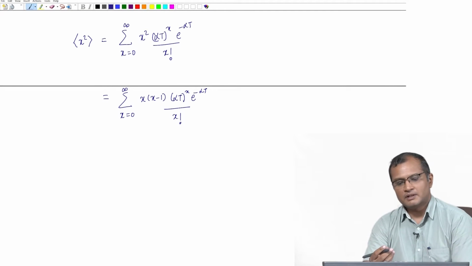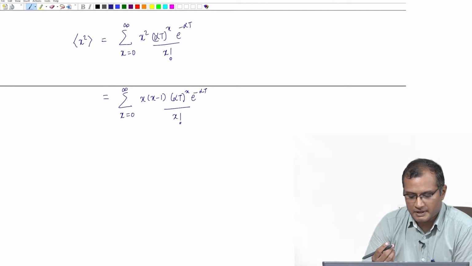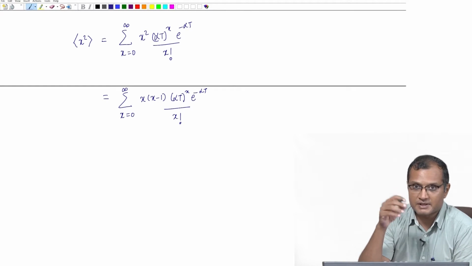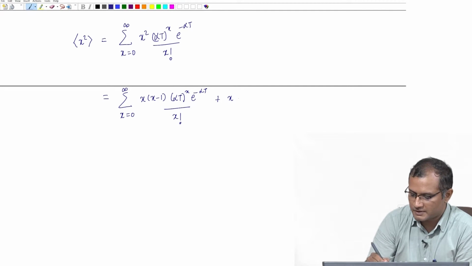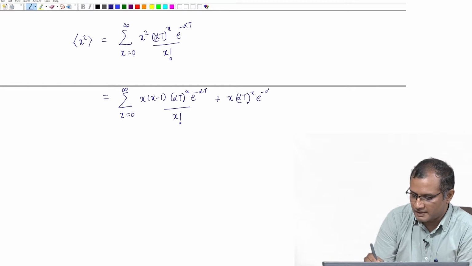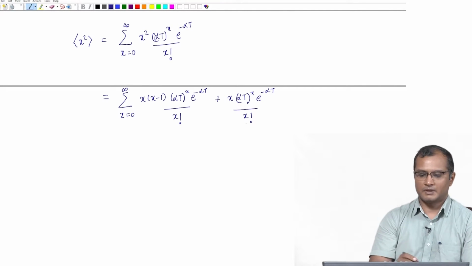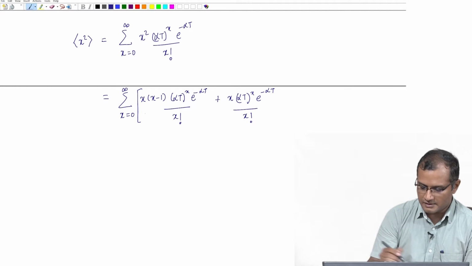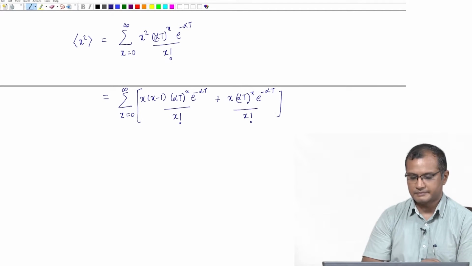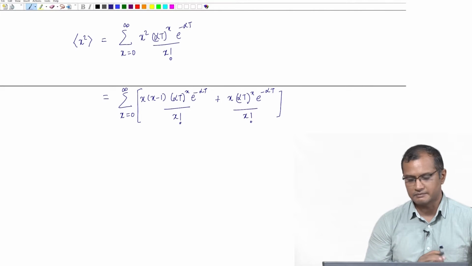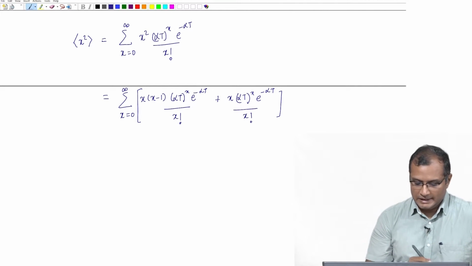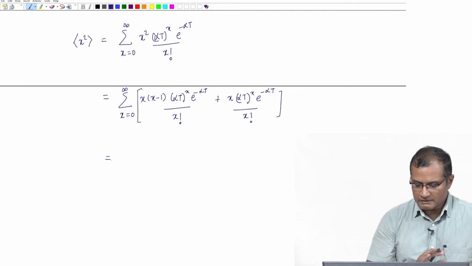Naturally, I have subtracted x times the whole distribution. So, I need to add something here. So, I am going to add x times alpha t to the power x e raised to minus alpha t over x factorial, okay, and the entire thing here is under summation. I have subtracted something and I have added it back. And now to the first term I am going to do something.